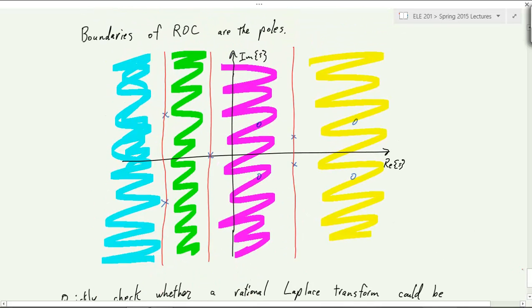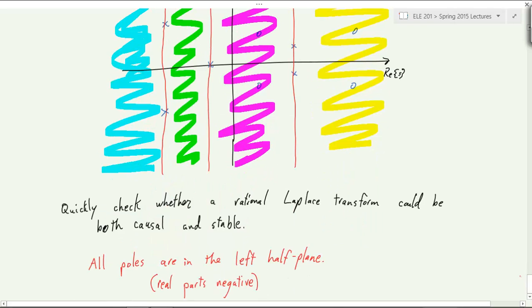That means all poles are to the left of the imaginary axis. That is what people remember about designing control and designing stable systems. They just remember that one rule: poles in the left half plane for the Laplace transform.